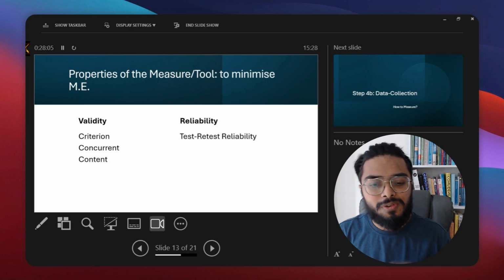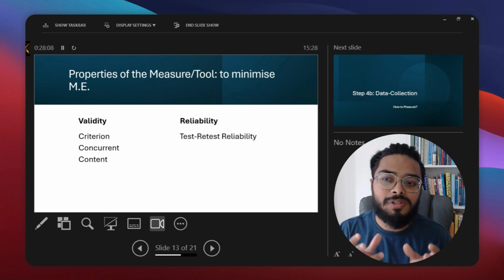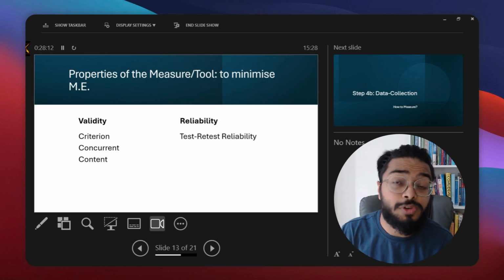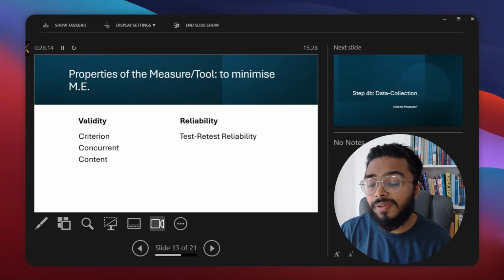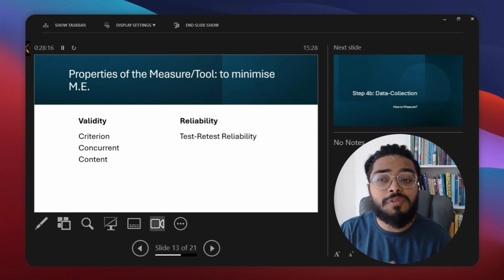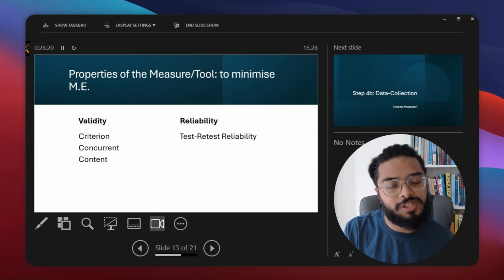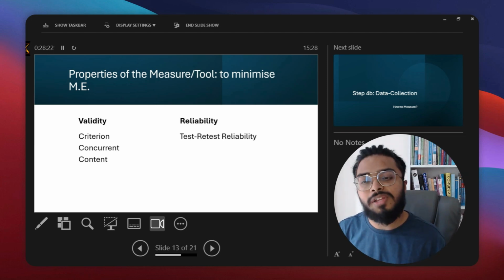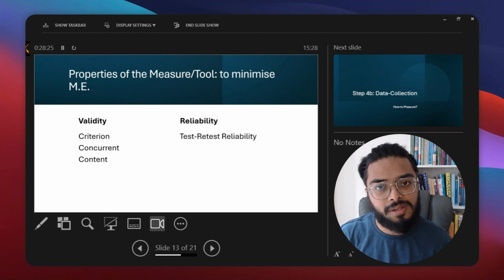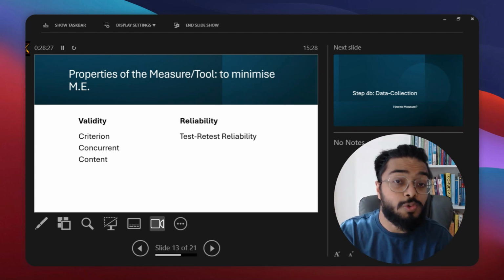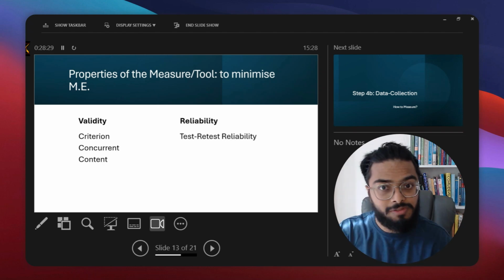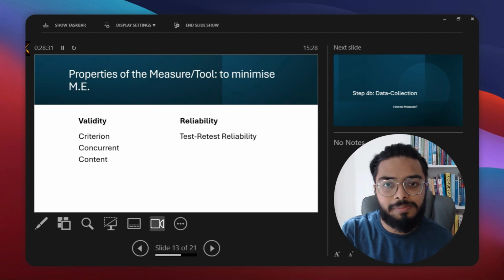So reliability is the concept that tells us how reliable our tool is, in terms of a questionnaire, for example. Which is why we will do test-retest reliability to see if we are getting the same scores, and that's how we get these values for our tool. The reliability of a tool is this much, for example.